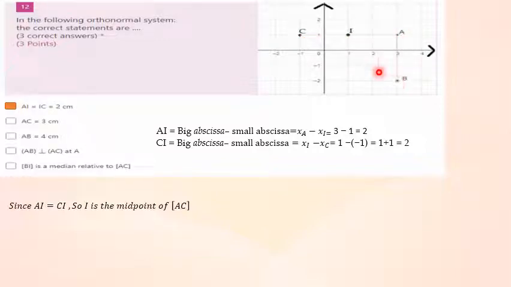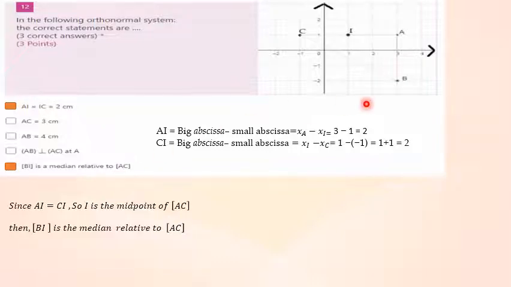And in the triangle ABC, BI is a segment issued from the vertex to the midpoint of the opposite side. So clearly BI is a median relative to AC. As a definition, a median is a segment issued from the vertex to the midpoint of the opposite side. And this is the case of BI. So it's a median relative to AC.